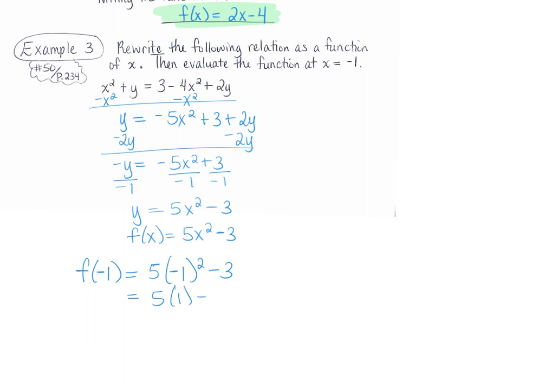Good. That's 5 minus 3, which is 2. So this is boxed, and f of negative 1 is equal to 2.